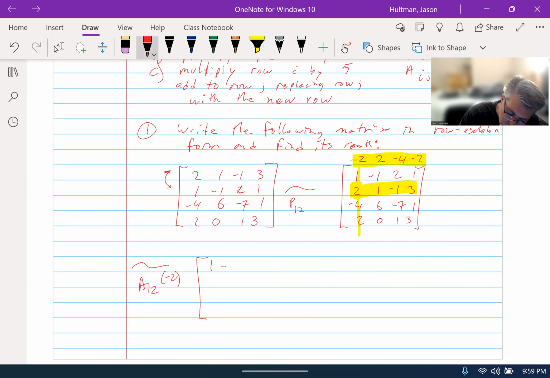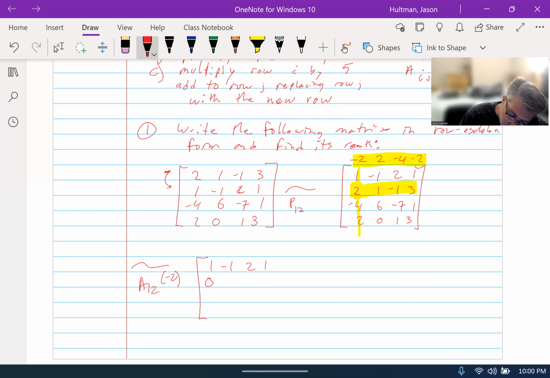That's 1, -1, 2, and 1. And now we're going to add -2 times the first row to the second row. That's going to give me the desired 0 in that first column. And then we're going to just add the rest of the elements, sum them up.